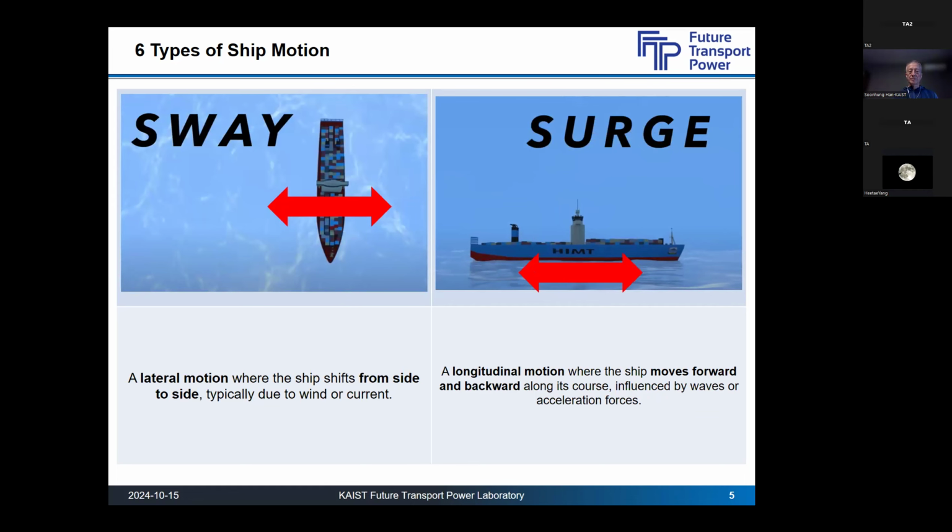It's typically due to the wind on the ship or the current. And the last one is surging. It's also a longitudinal motion where the ship moves forward and backward along its course. The important thing is that surging is influenced by the waves or the acceleration or propulsion from the ship.